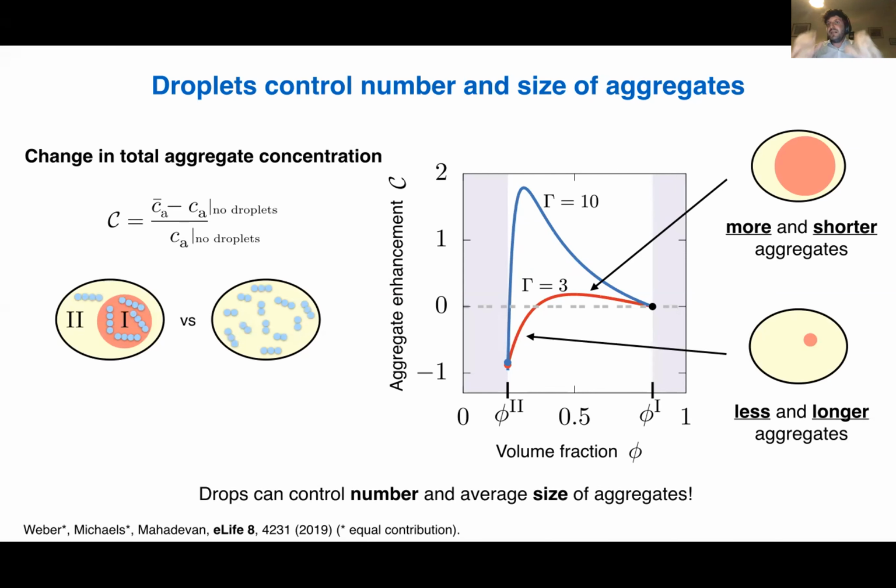Here I've shown you just an example of a linear polymerization process where, with very simple ingredients, we are able to control, at least in theory, the position of these aggregates, their partitioning, their average size, length distribution, and so on. And in the future, of course, it would be very interesting to apply these ideas to a broader class of biochemical reaction problems.